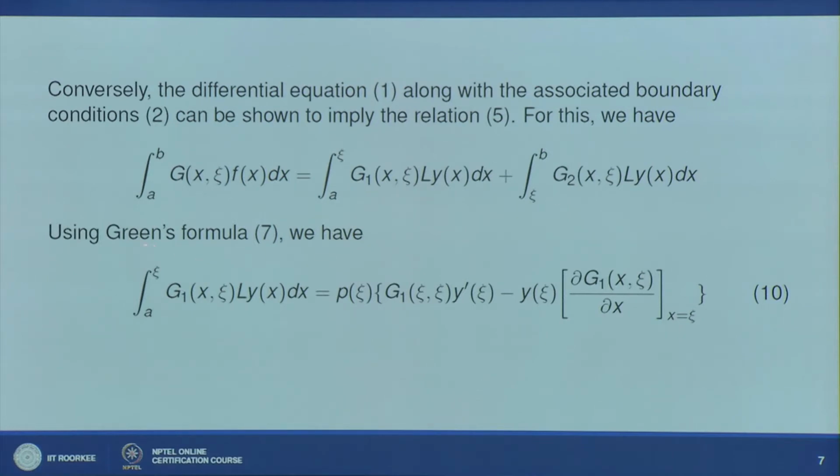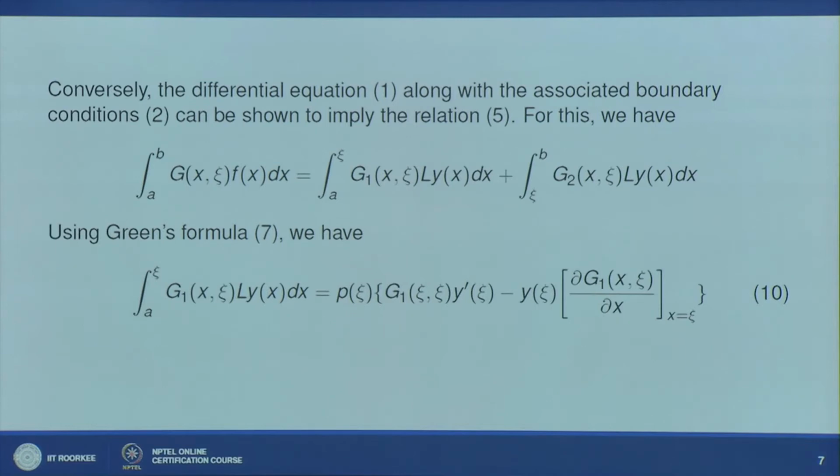For that we use our Green's formula between a and xi. So the integral from a to xi of g1 x xi Ly of x dx, if you use this, is nothing but p xi times g1 xi xi y dash xi minus y xi dever g1 by dever x, with p xi outside the entire bracket. We are just using Green's formula for v equal to g1 and u equal to y.